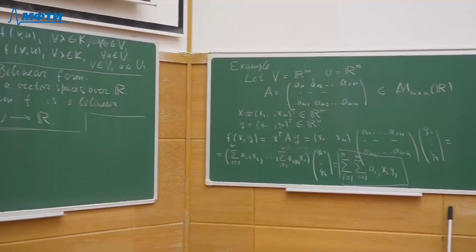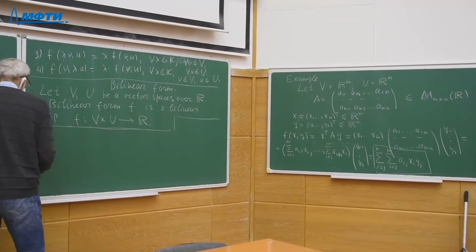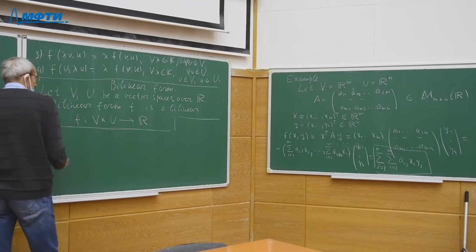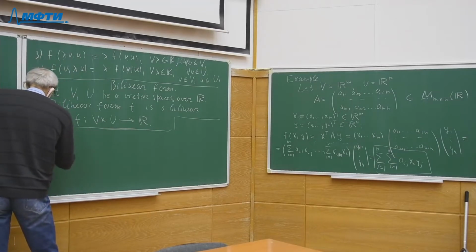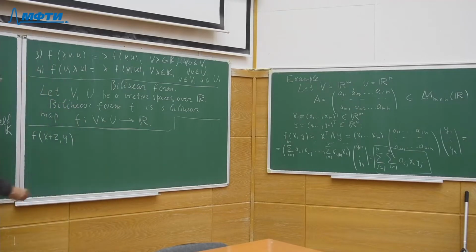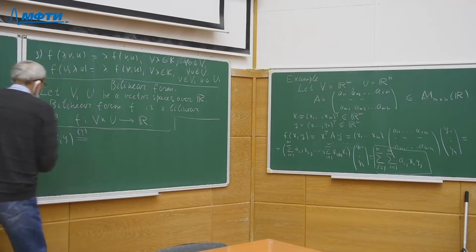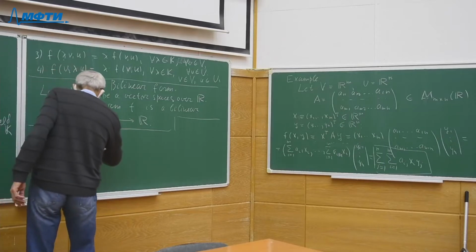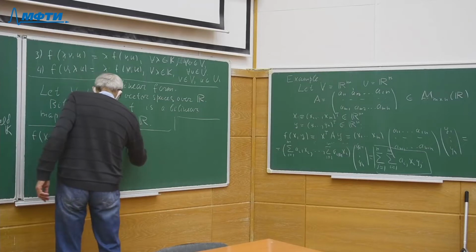First of these conditions: if we present the first vector as the sum x plus z, and the second vector y, we must prove that the value of our bilinear form on such a pair of vectors, where the first element is the sum of two vectors, is equal to the sum of the images.